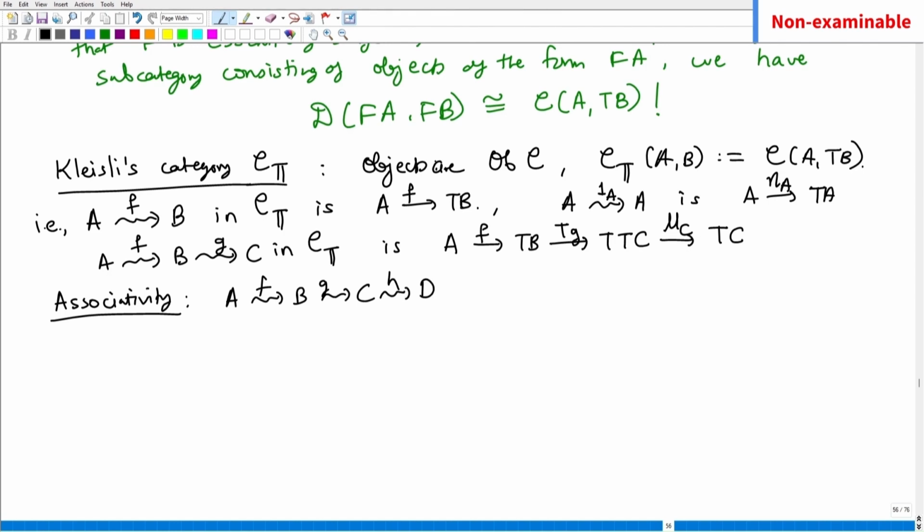So what is it? Well, you have A, then TB, obviously. Perhaps I should specify what I am doing first. I am doing this composition first. A to TB, and then I have TG to TTC, and then I have mu C.